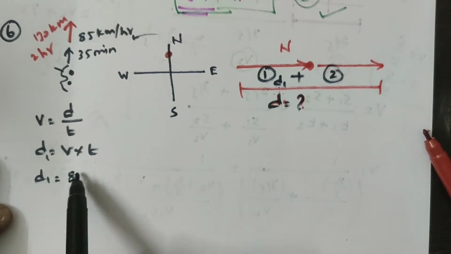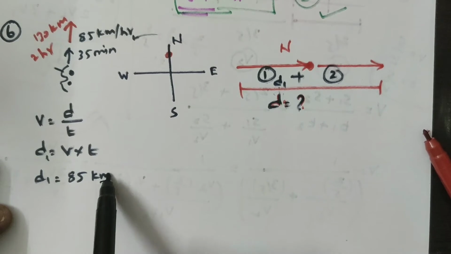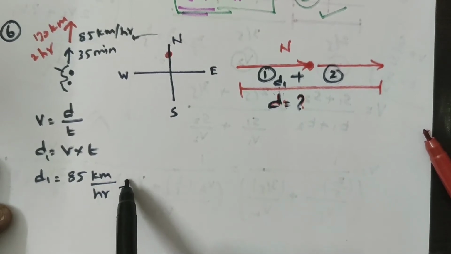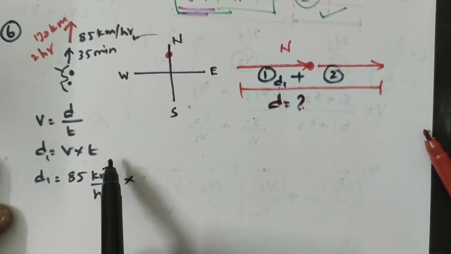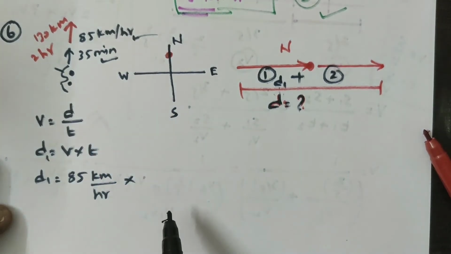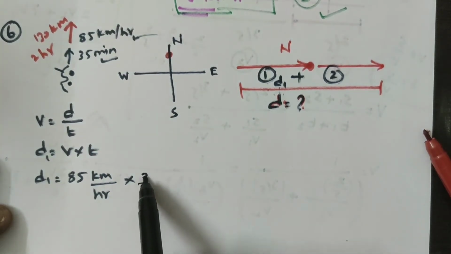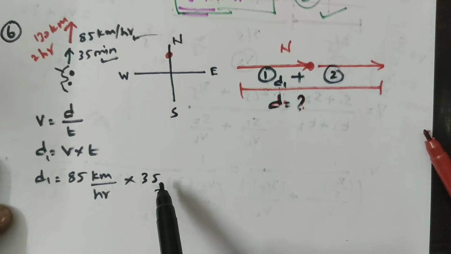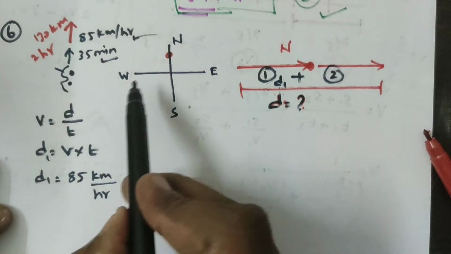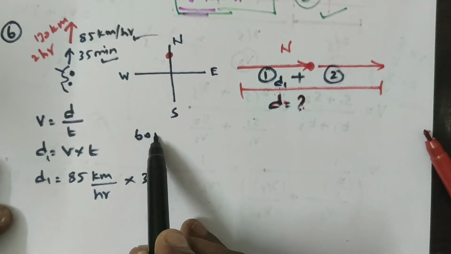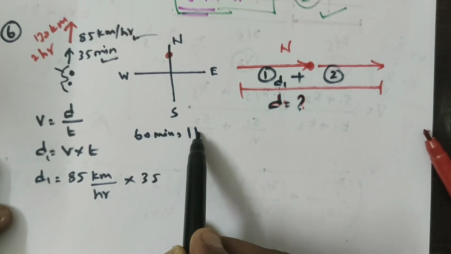85 km per hour into time. Time is 35 minutes. You know very well, 60 minutes is equal to 1 hour.